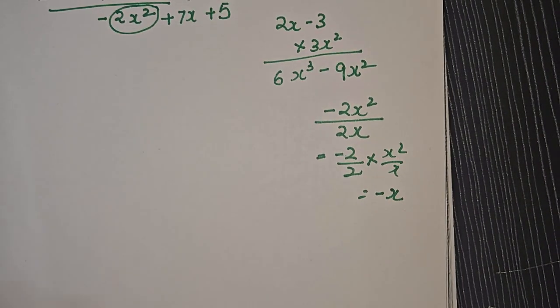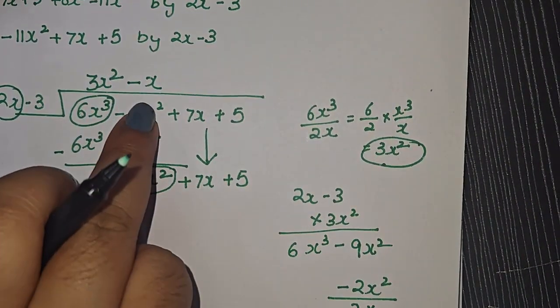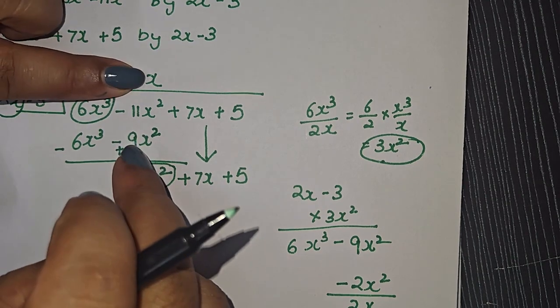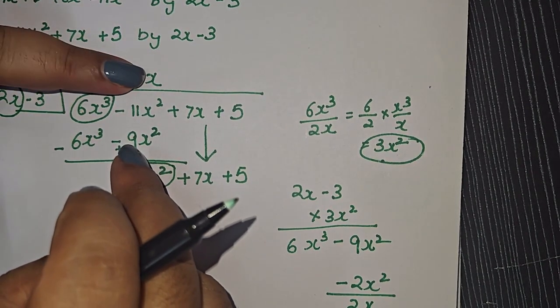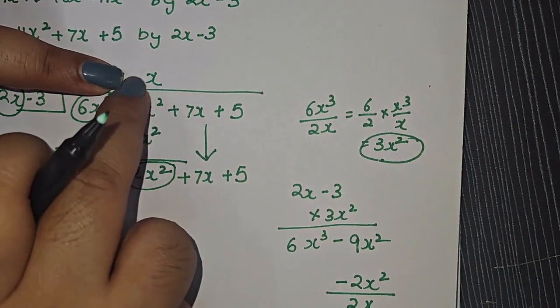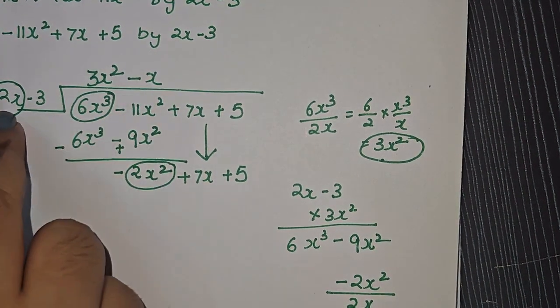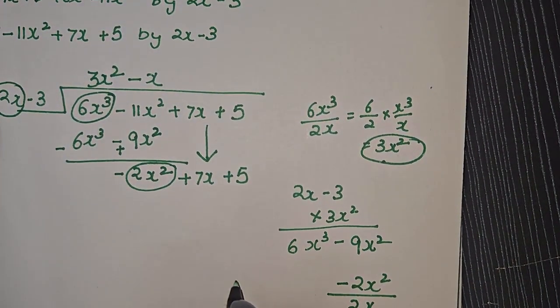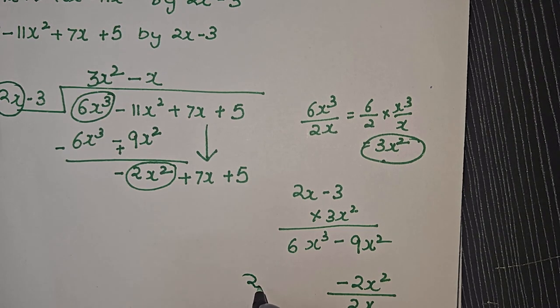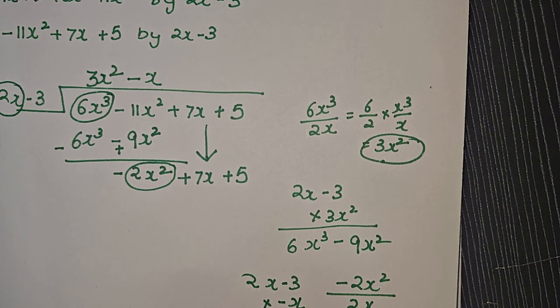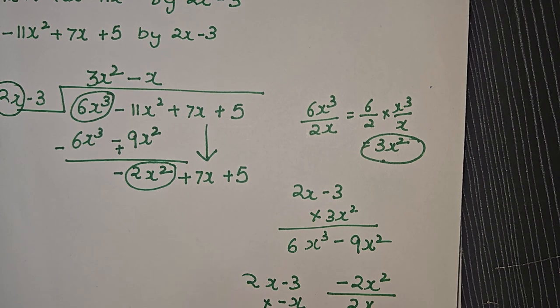Again, you have to multiply this new term. You don't have to multiply the whole thing. You will just multiply the new thing which you have written. So we have minus x. This minus x we will multiply with this term. So it will be 2x minus 3 into minus x, which will be minus 2x square plus 3x.